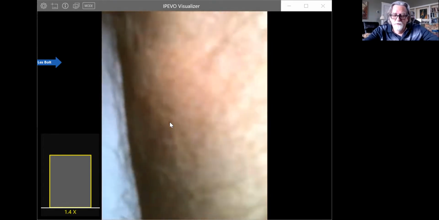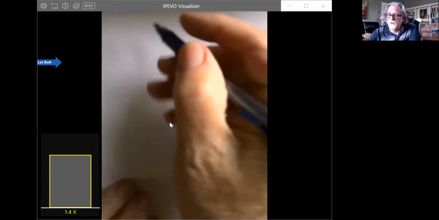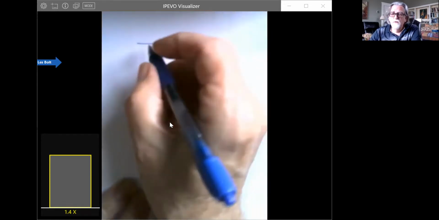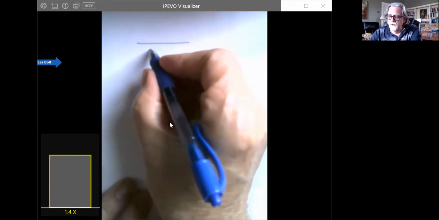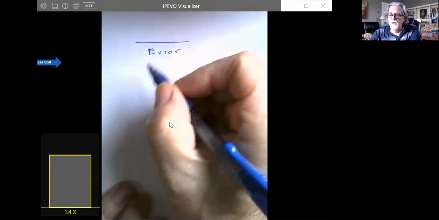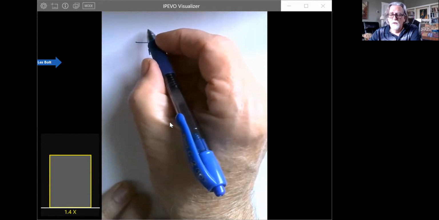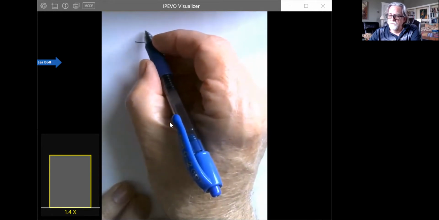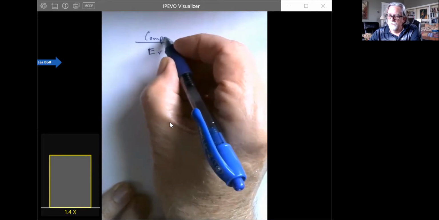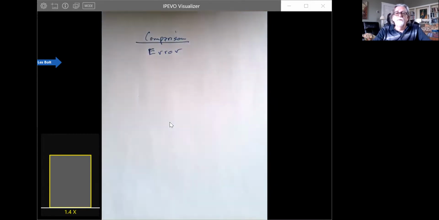Remember from discussions earlier that almost all statistics takes this form, where we have an error term on the bottom and a comparison, for lack of a better term, we'll just call it a comparison between groups, on the top.